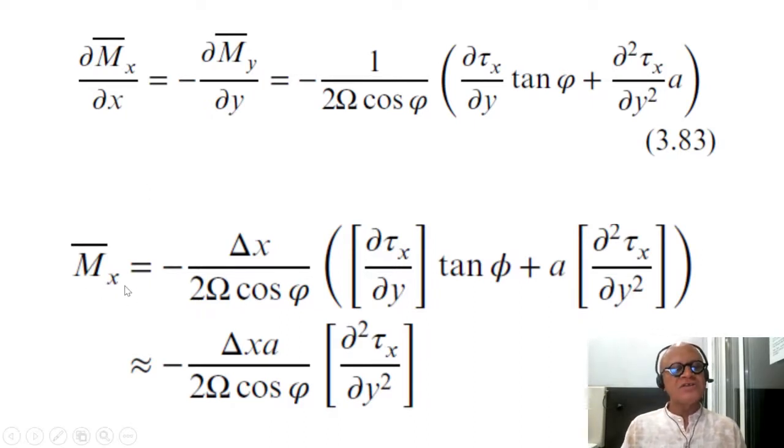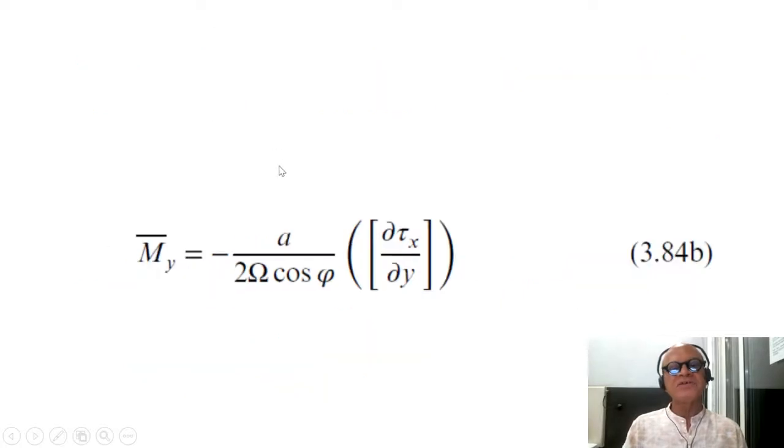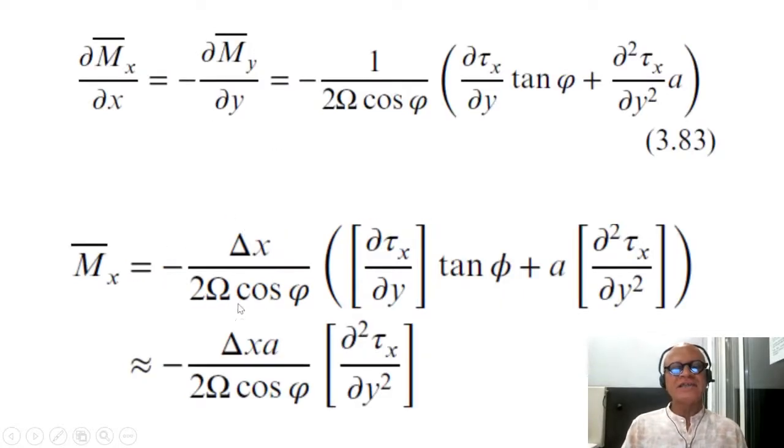So M bar x in this case is minus delta x over 2 omega cosine phi, times the average of dtau x dy tan phi plus a d squared tau x dy squared. So this has been integrated in the zonal direction. We have integrated out the dx, so we are integrating both sides, which is approximately equal to minus delta x over a. So drop this term because it's small for a small phi, and write it as this expression here.